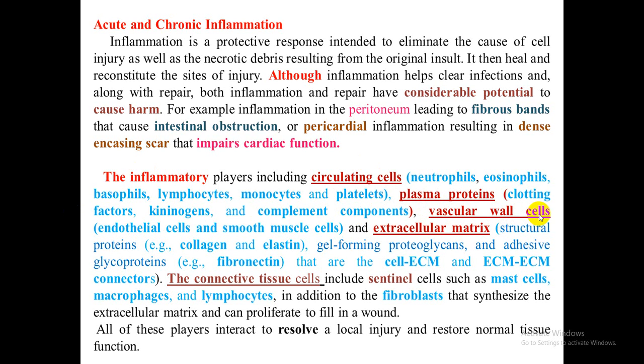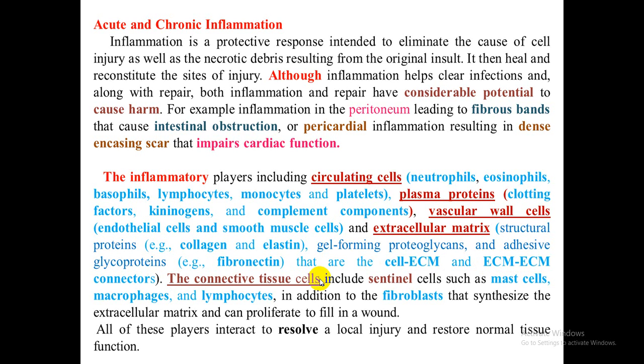Also vascular wall cells, including endothelial cells, smooth muscle cells, as well as extracellular matrix involving structural proteins, for example collagen and elastin, gel-forming proteoglycan, and adhesive glycoproteins, for instance fibronectin, that connect cell to extracellular matrix and extracellular matrix to other extracellular matrix.